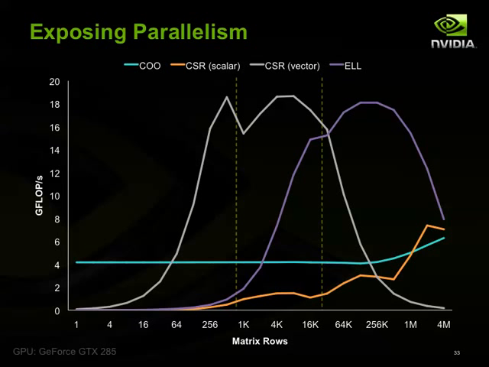If we instead put it in CSR, we could be down here, and that would actually give us terrible overall performance. So anyway, the way to think of COO is that the performance is sort of independent of the shape of the matrix or its sparsity pattern.